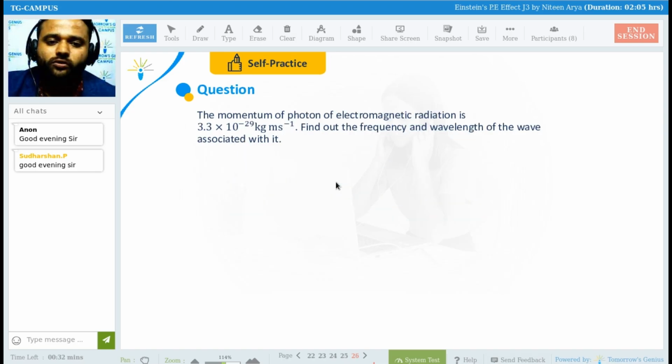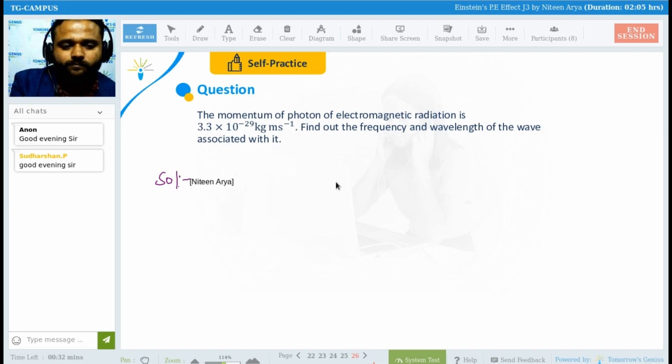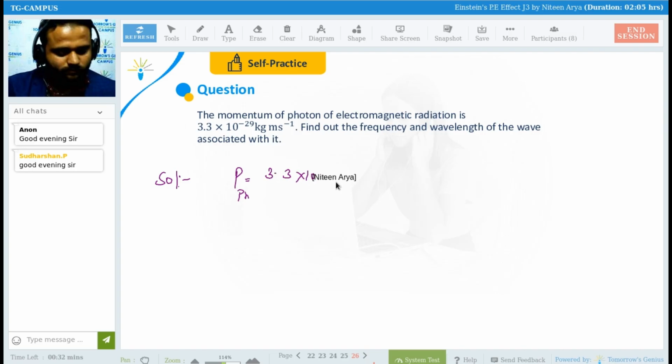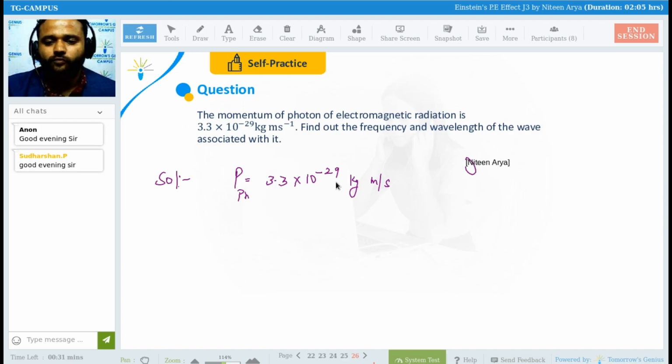Next one. The momentum of a photon of electromagnetic radiation is this. Find out the frequency and the wavelength associated with it. Momentum is given. You need to find the frequency and the wavelength.